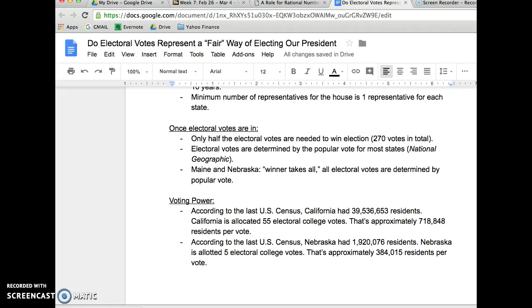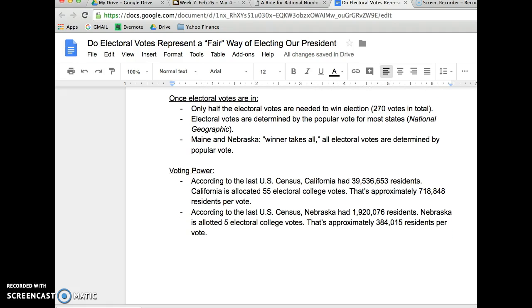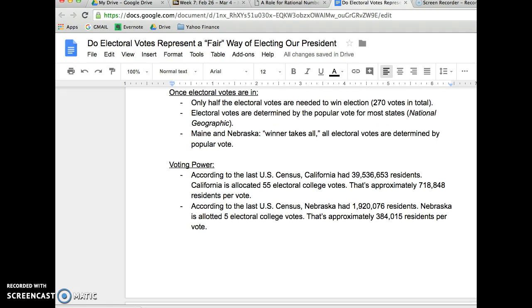So one thing to note is the voting power. If we look at the last census, California had almost 40 million residents, and they're allocated 55 electoral college votes. So that's approximately 718,000 residents per 1 vote.